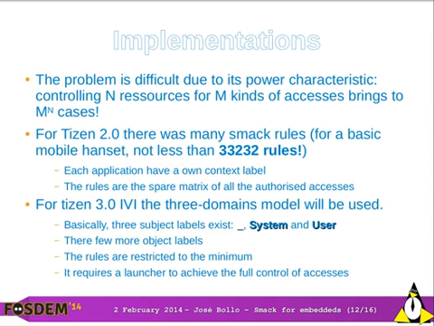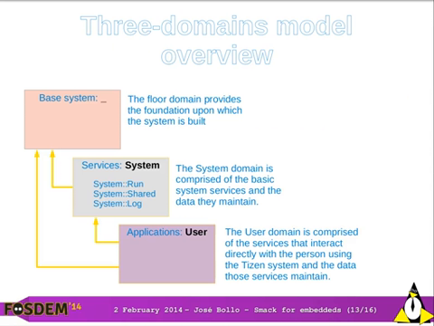The rules are restricted to a very small count. We are currently running IVI with an average of 30 rules, but it may require a launcher to achieve the full control, and we spoke about that.